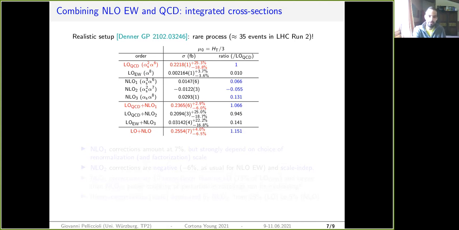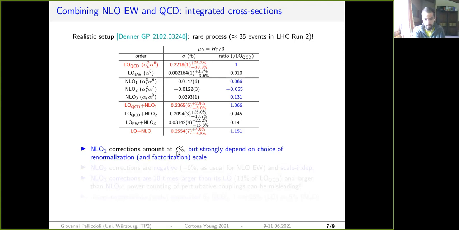The leading order QCD is already big, so the NLO corrections are all of the order of a few %, but they're definitely sizable. NLO 1 corrections for this scale choice amount to 7%, but they strongly depend on this central scale choice.